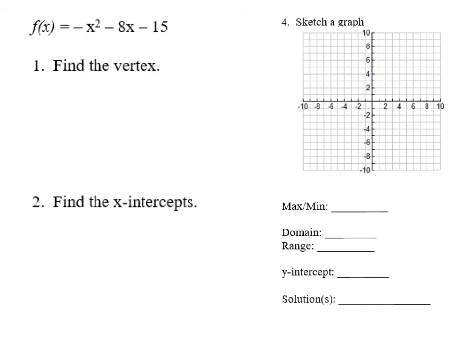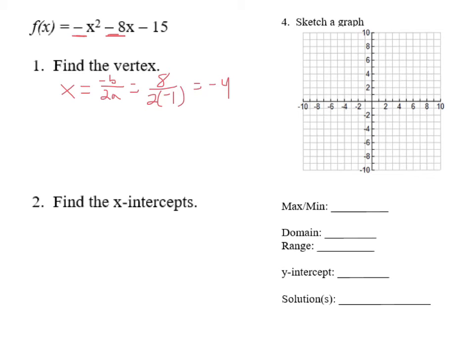So to find the vertex, we use our little trick, x equals -b over 2a. So we get the negative of -8, that's my b value, which is +8, over 2 times my a value, which is -1. And we get 8 divided by -2, which is going to be -4.